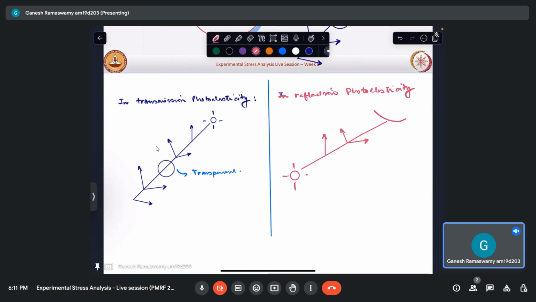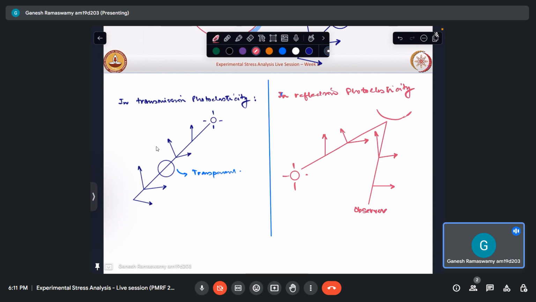This impinges on the surface and it reflects back. And then we have the eye or the camera. I'll just say observer in whatever form that is.